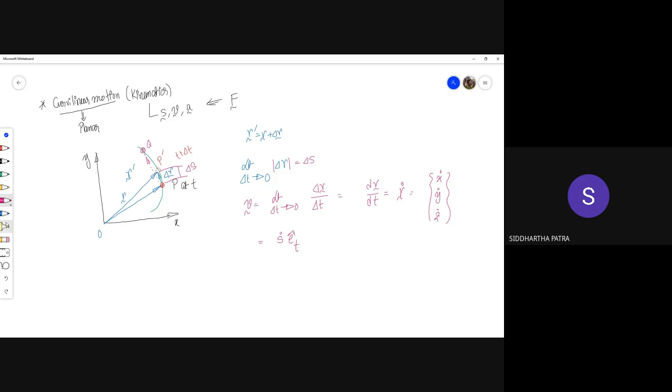Now, what do I mean by e hat t? e hat t is the tangential unit vector.